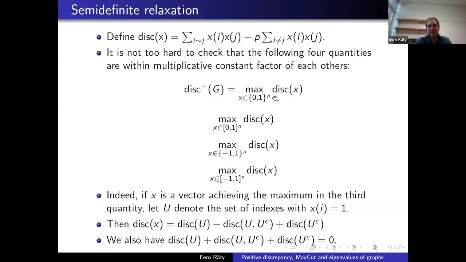So essentially, these first two modified definitions of the positive discrepancy are the same.